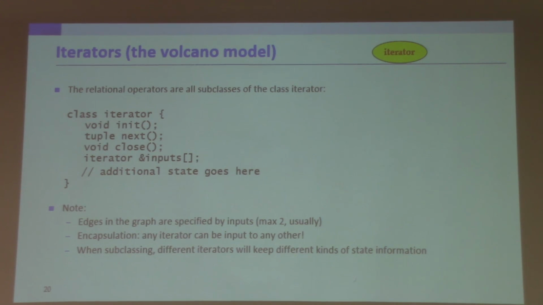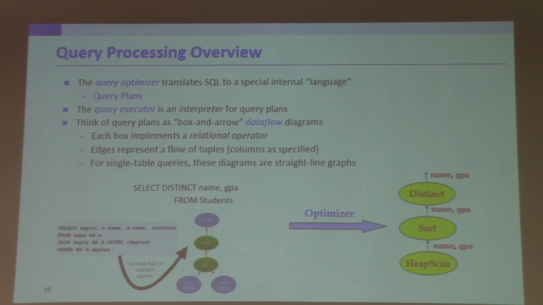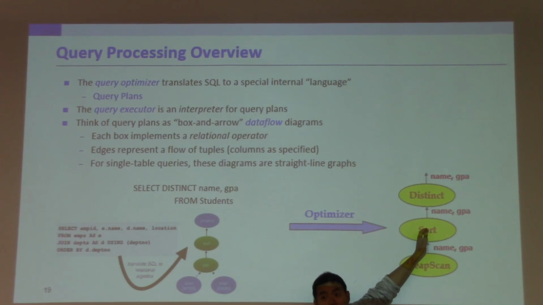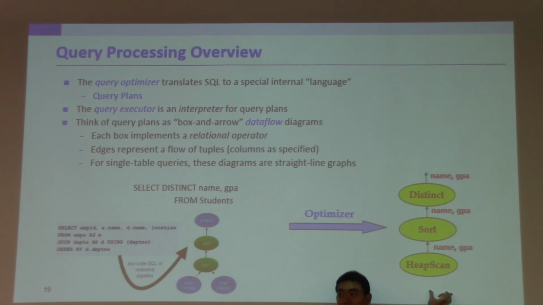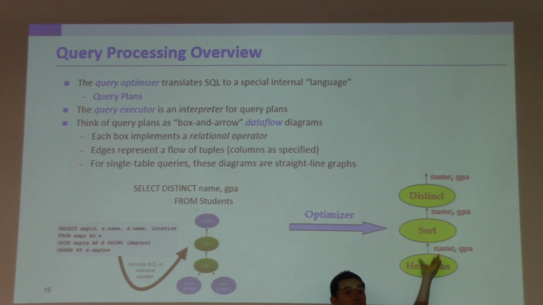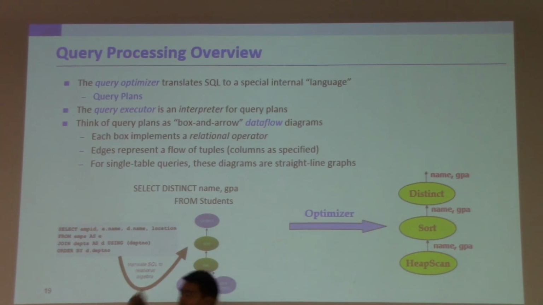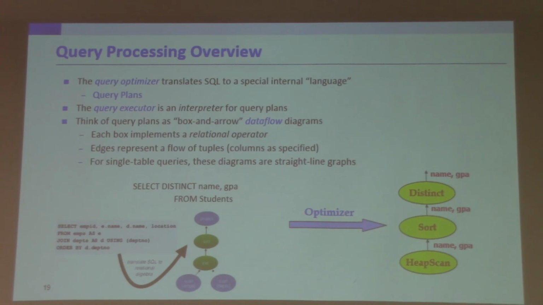Why does it have to be defined like this? Well, if you look at these two examples, you know why. Any given iterator, if you look at this iterator here, its input is simply the output of another iterator, right? So I can simply represent the input of this as a reference to another iterator.